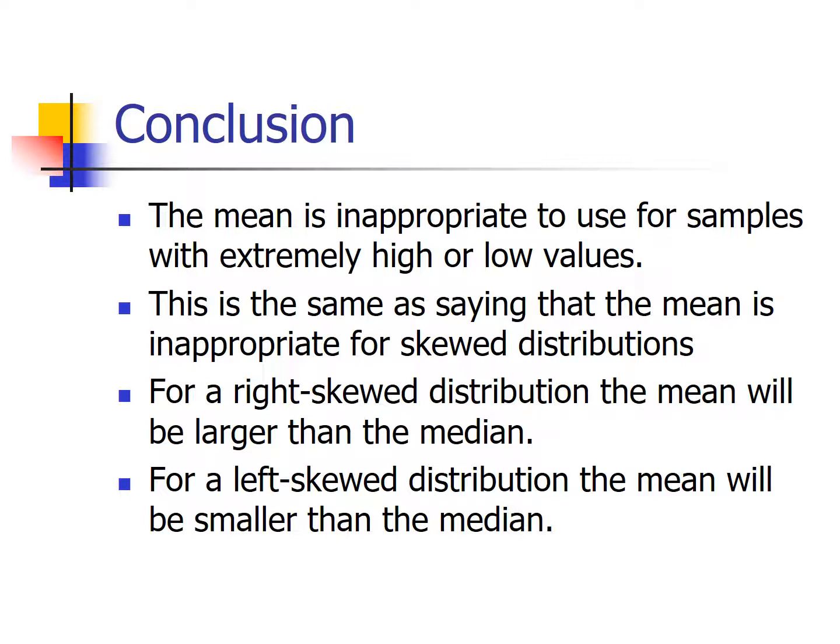However, as we saw with the Michael Jordan example, in situations where you have a handful of really big or really small numbers, you cannot get away with using the mean even though you would like to.